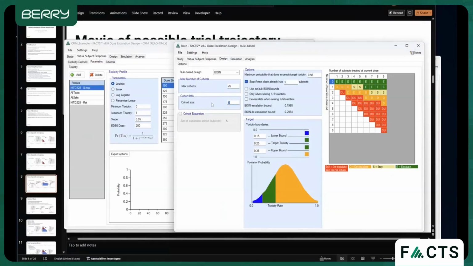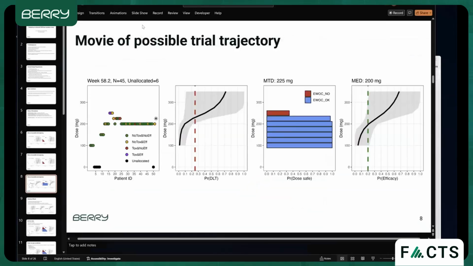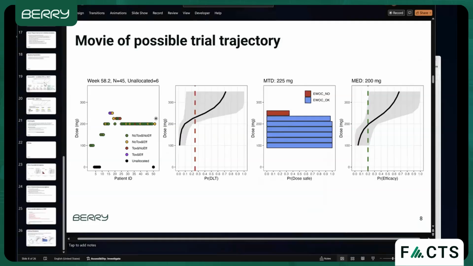For the CRM, I allowed a maximum of 60, so for the Boyne I also allow a maximum of 60. I set the same target toxicity of 25%, and I have the same limits from 15% to 35%. And I try to set a similar stopping rule. Then you can just simulate that and compare.